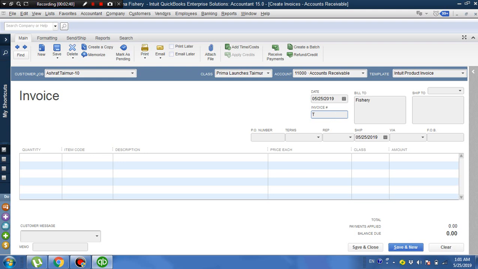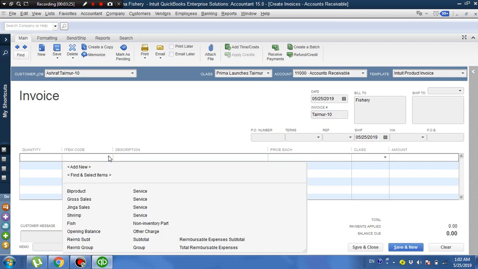Since the boat name is Taimur, by giving such an invoice number we will be able to recognize the sale. On one side we can see that Taimur 10 means this is the sale of the Taimur fishing boat for trip number 10.